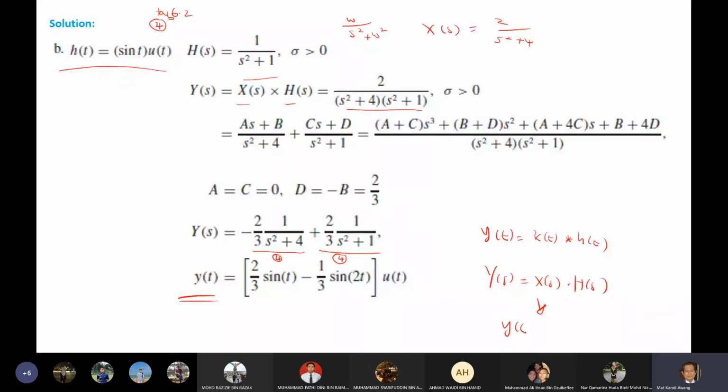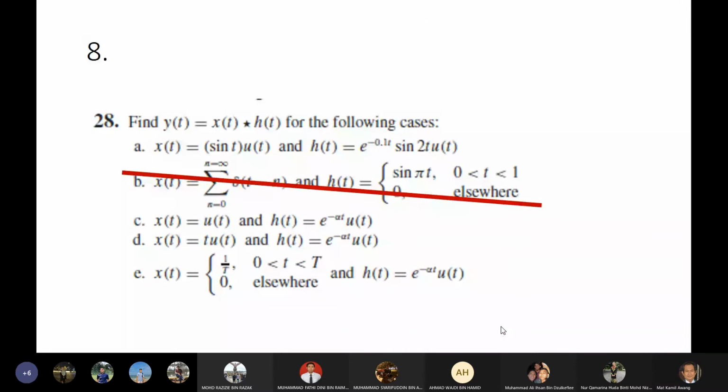Then you get y of t. Right? This is the type of question maybe will be in the test. Question number 20 and number 8.